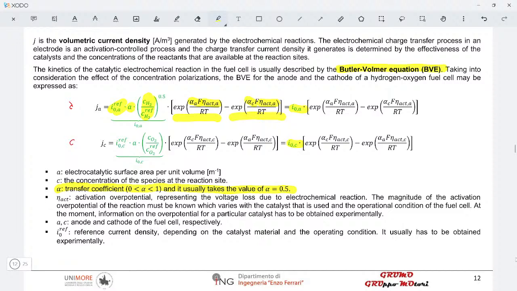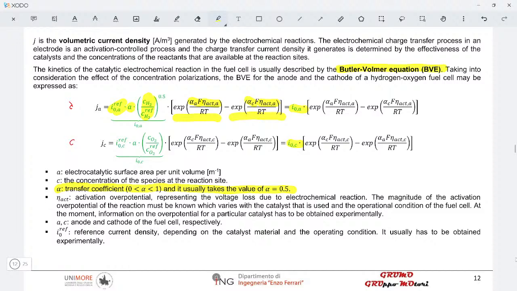Okay, but exchange current densities are not just related to how much platinum or the nature of the catalyst that we deposit. It's also related to the species with which this catalyst will react. So the same amount of the same catalyst, platinum, will be represented by these empirical exchange current densities with orders of magnitude of difference between anode and cathode.